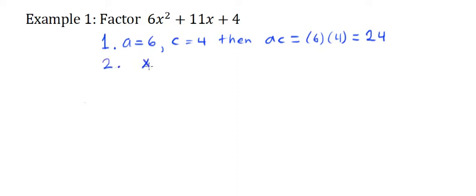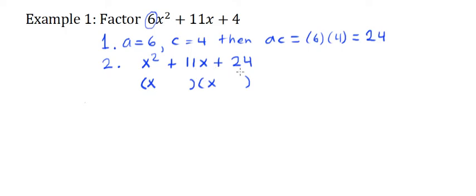Step 2. We are going to help ourselves out by constructing this polynomial, x squared. We drop this number 6 for a moment, plus 11x, plus we trade this 4 for this number 24. And now we factor this polynomial. So x squared plus 11x plus 24 factors as the multiplication of a binomial starting with x.